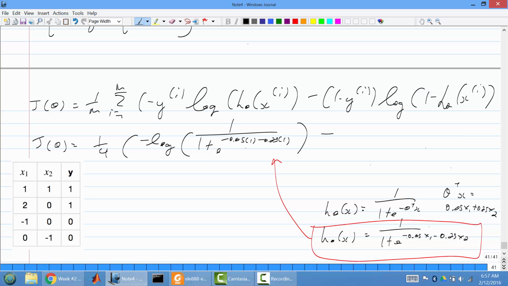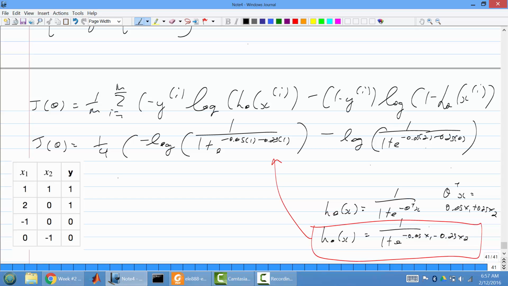Okay, subtract, and then when y is equal to 1, this sum activates, so log 1 over 1 plus e to the minus 0.05 times 2, that's x1, and then minus 0.25 times 0.